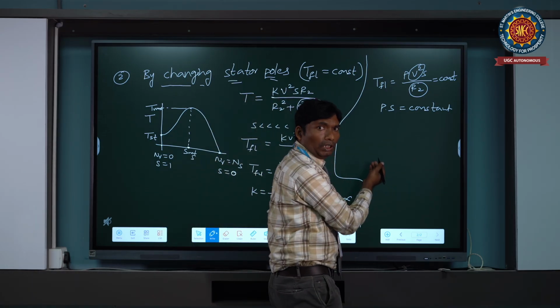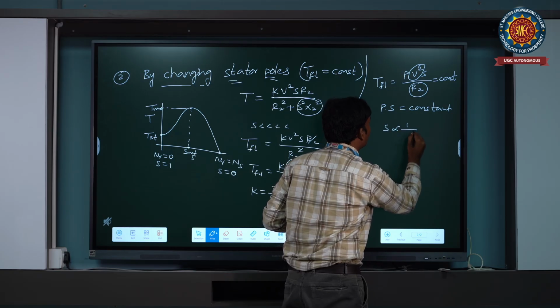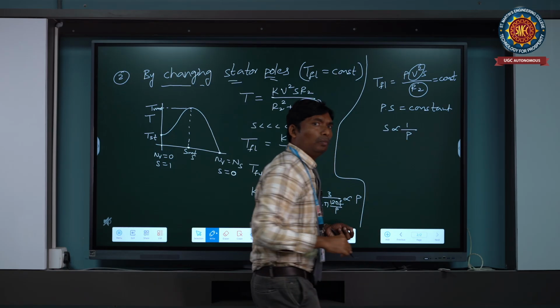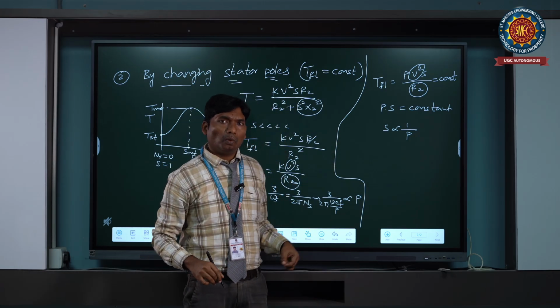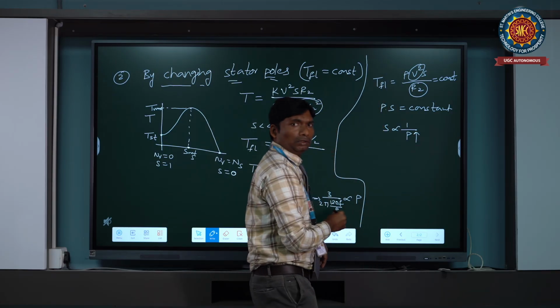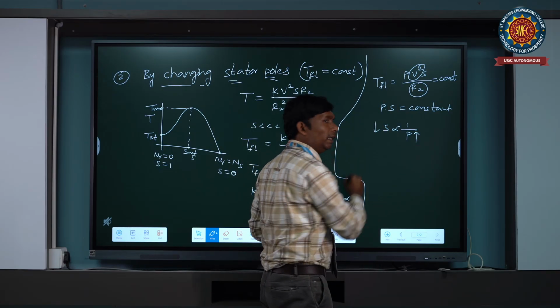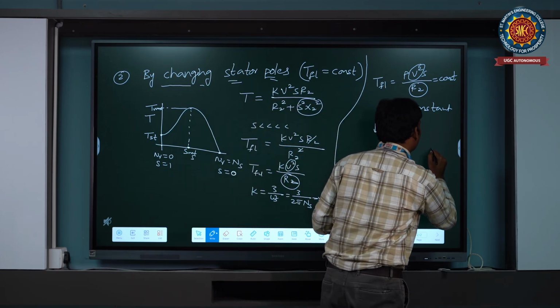From this equation, we can write slip is directly proportional to 1 by P, 1 by poles. That means slip is inversely proportional to poles. If the number of poles increases, slip will decrease. If slip decreases, what about the speed of the induction motor?